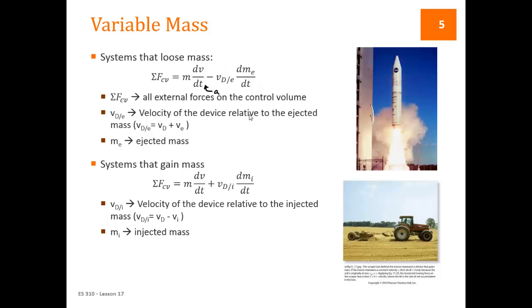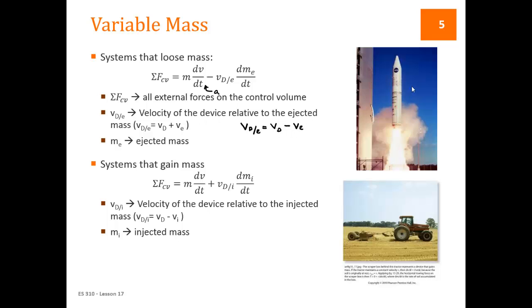VDE is the velocity of the device relative to the ejected mass. So if we're traveling with the ejected mass, we're looking at the device, what is the speed? That is equal to VD plus VE. Now normally we would write VDE is equal to VD minus VE. But these are in opposite directions, right?